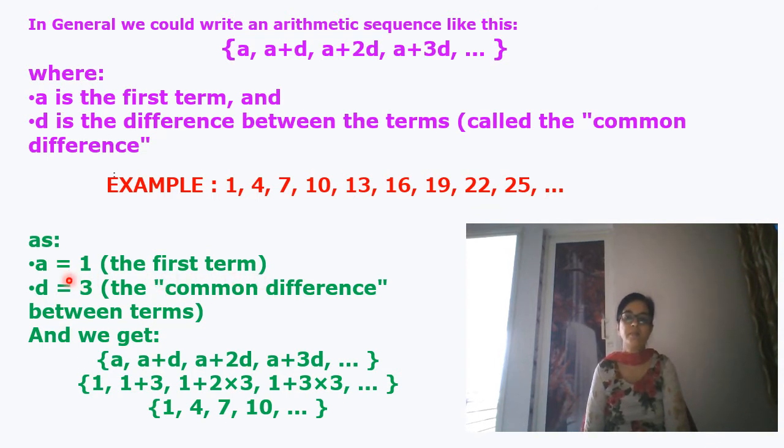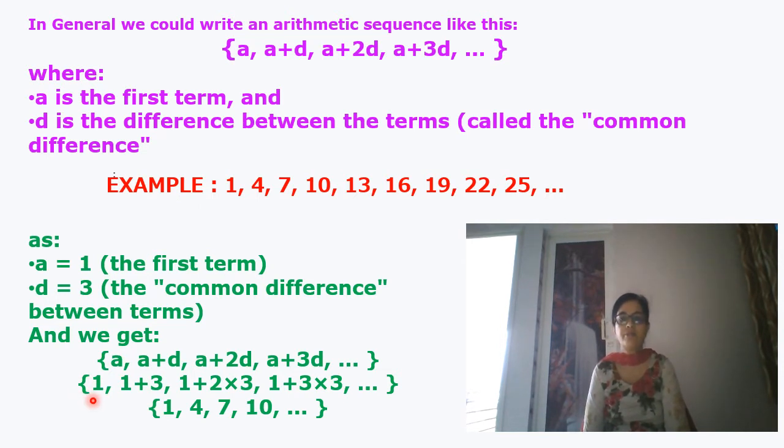What is D? D is the common difference. As we have already told you, we have to subtract the previous term from the consequent term. So on subtracting 1 from 4, we get CD equal to 3. Now just keep on adding this D to the consequent terms in order to obtain the next term.